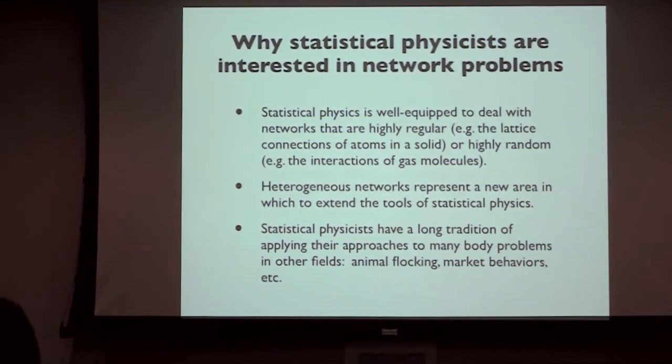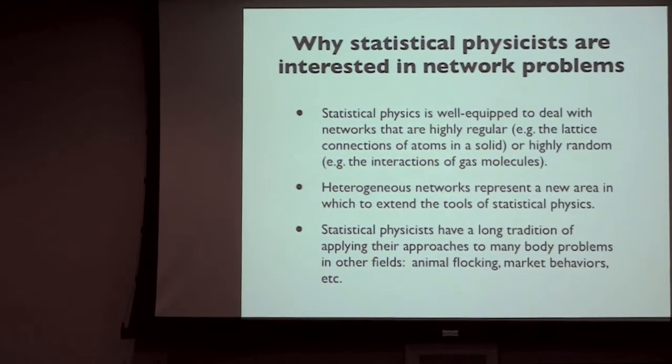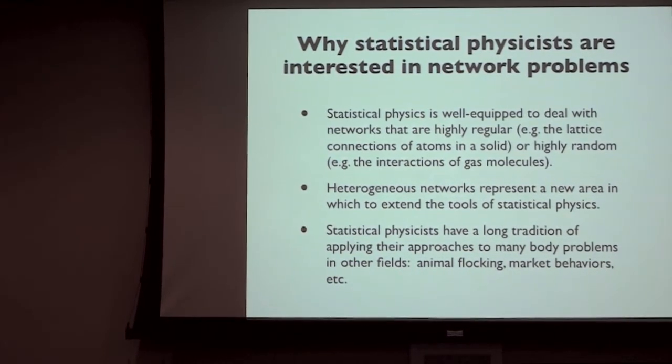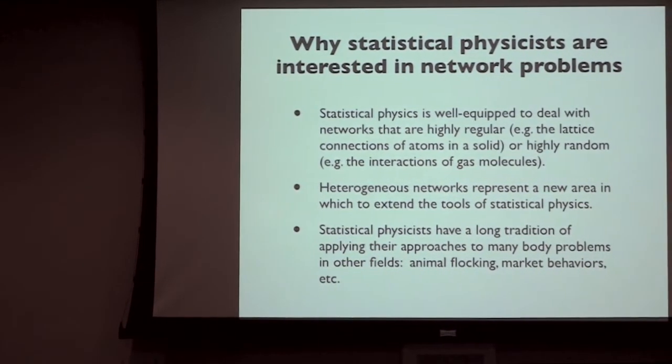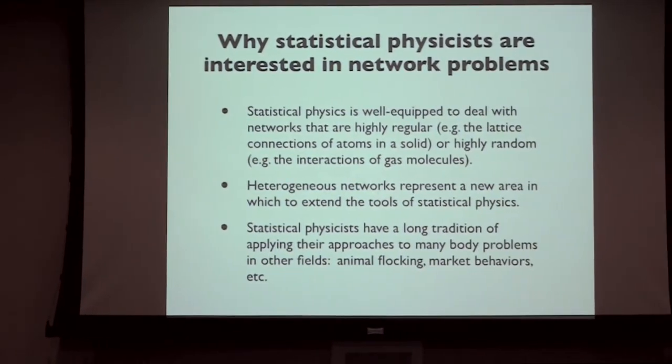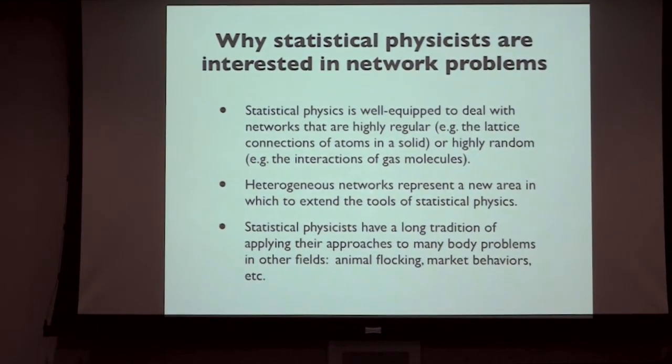Physicists in general, and statistical physicists in particular, are really interested in solving the overall behavior of many body systems, and so networks represent a new kind of challenge and complication for that. In addition, often people think of physics as string theory, particle physics, the kind of physics you often hear about in the news.